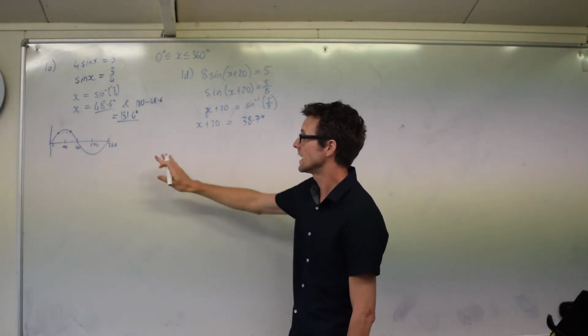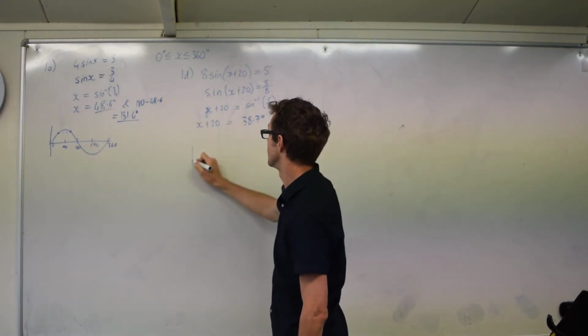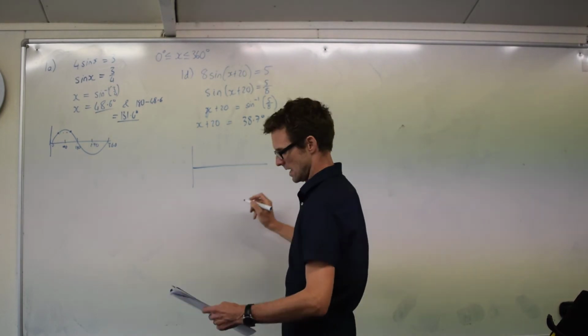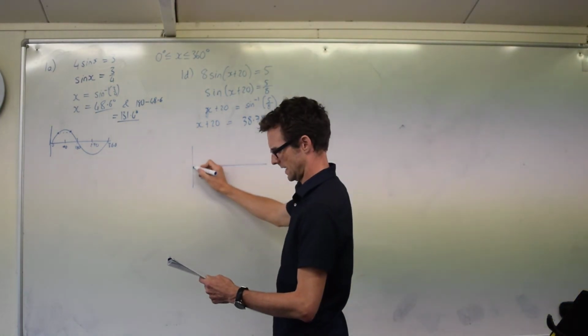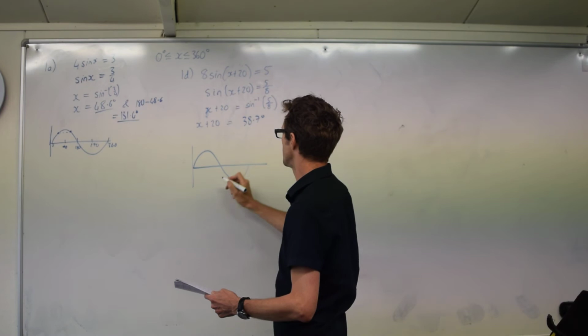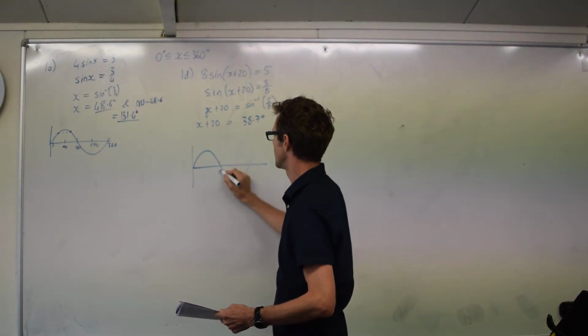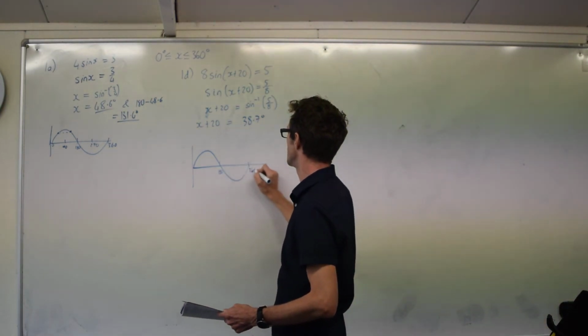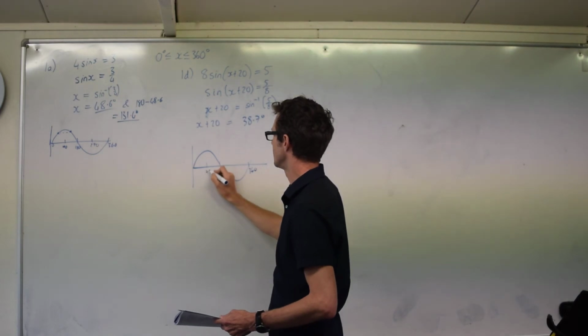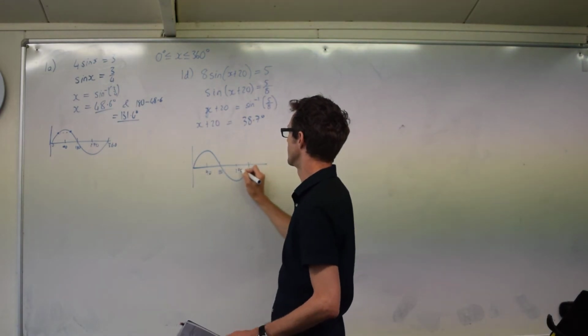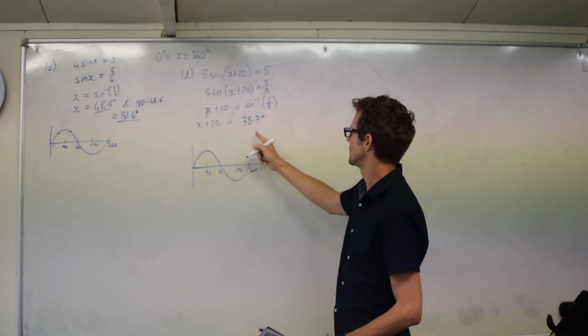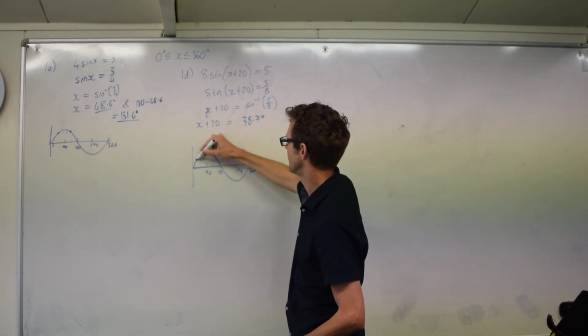At this point, again, just like before, sketch your graph. This is a sine graph again. So let's see, I've got 180, 360, 90, 270. Hope you can see this all right. So 38.7 is roughly here.